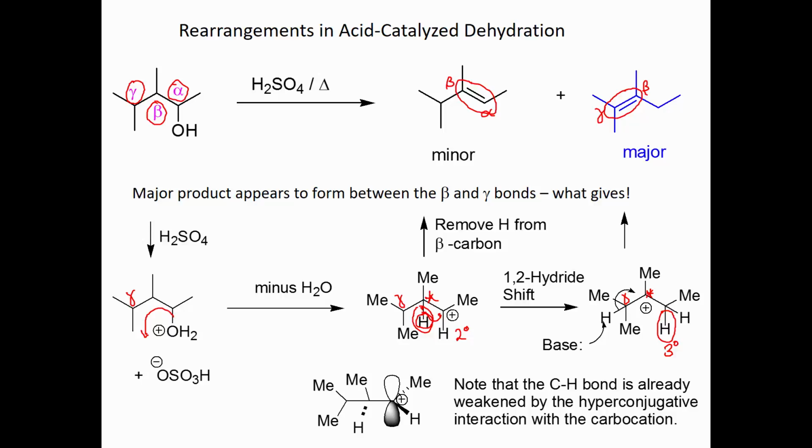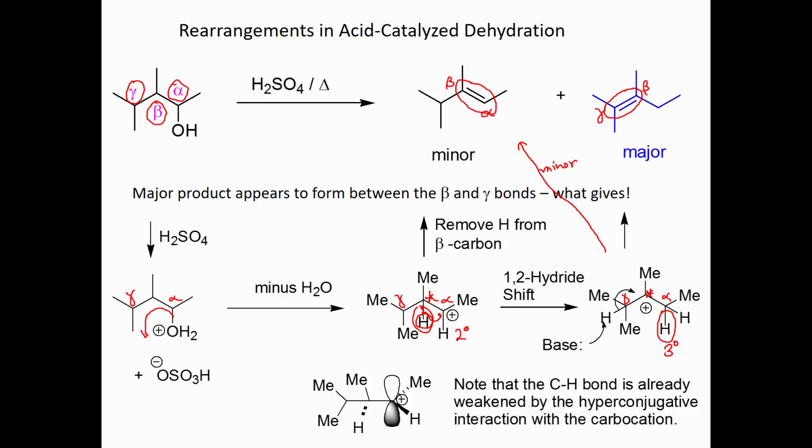All right. Now, it also might be the case, we don't know this for sure, but this could also just be a minor pathway for this carbocation here as well. We could remove one of the hydrogens off of what was originally the alpha carbon as well. Okay, so I'll put the alphas there. So we could have eliminated one of those hydrogens as well to make the minor product.